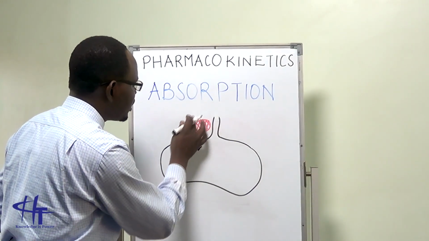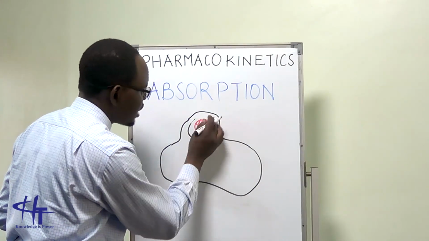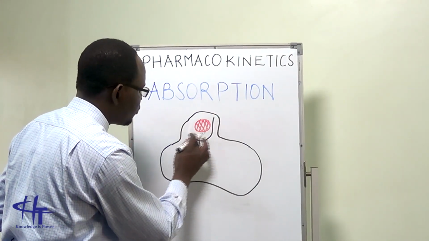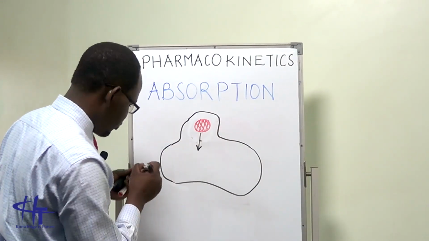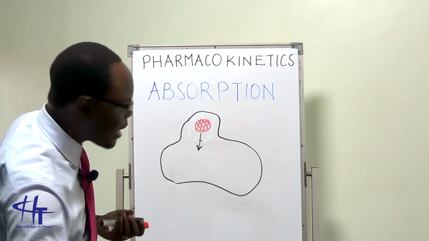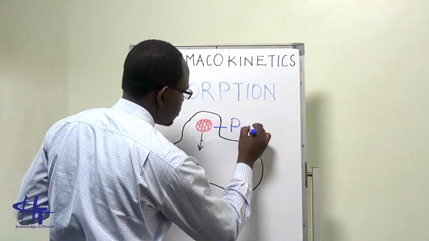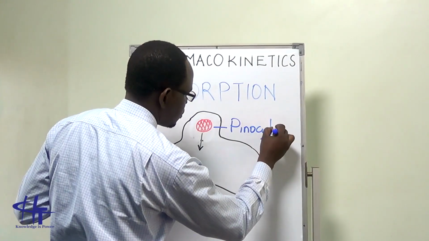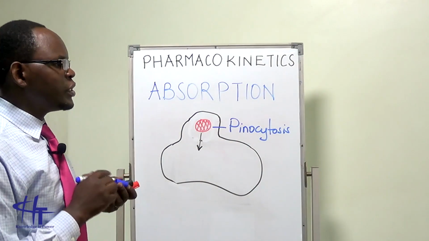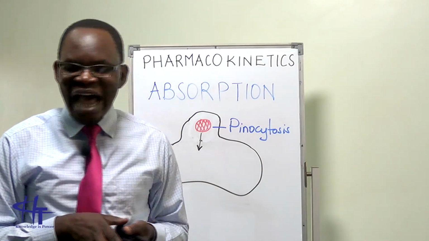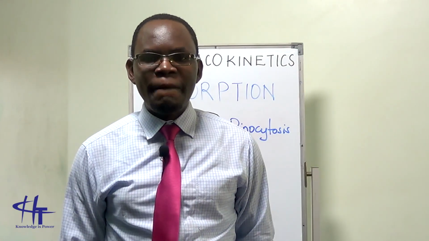So it eventually closes it up, and then you have the drug coming inside the cell by a process referred to as pinocytosis. So those are what we refer to as the drug transport mechanisms.